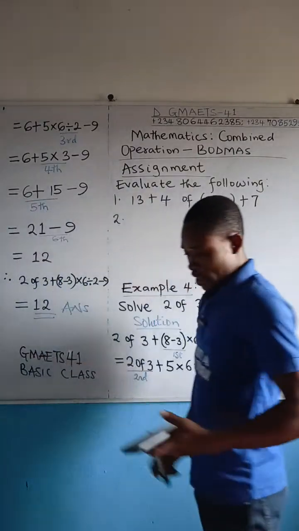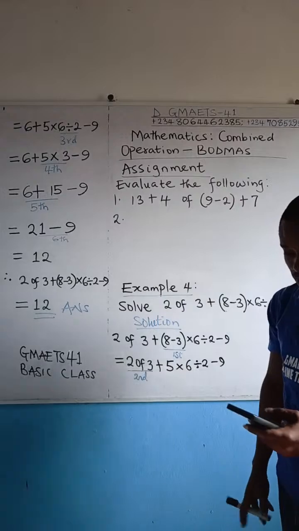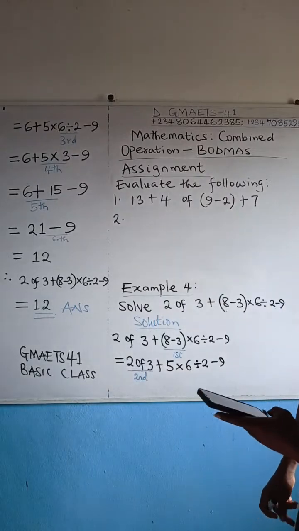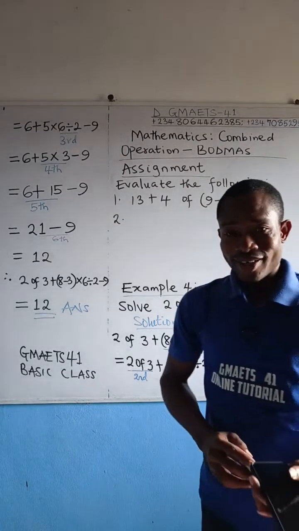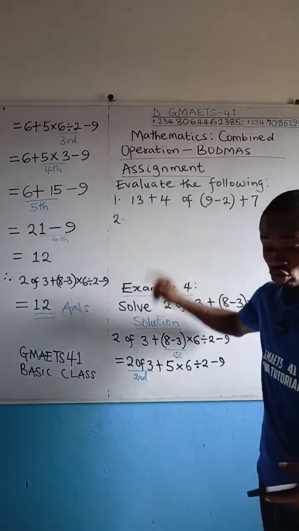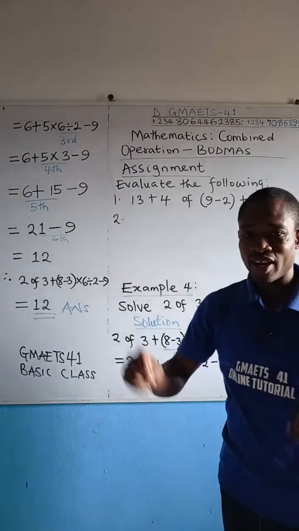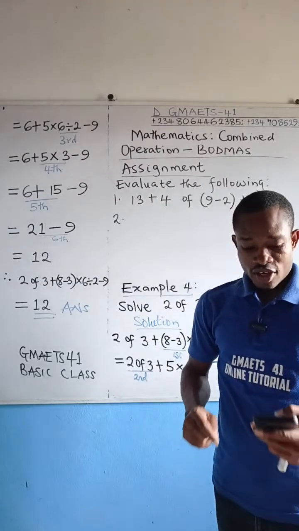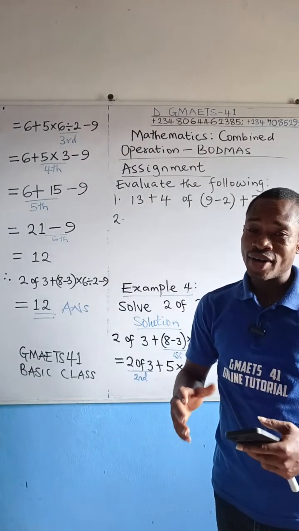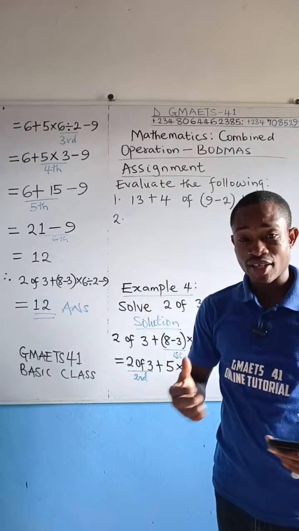Then the second question we have this. Please, you are to solve and drop your answer in the comment section. All the comments you make now, at the end of the class, this is a live class, they will disappear.